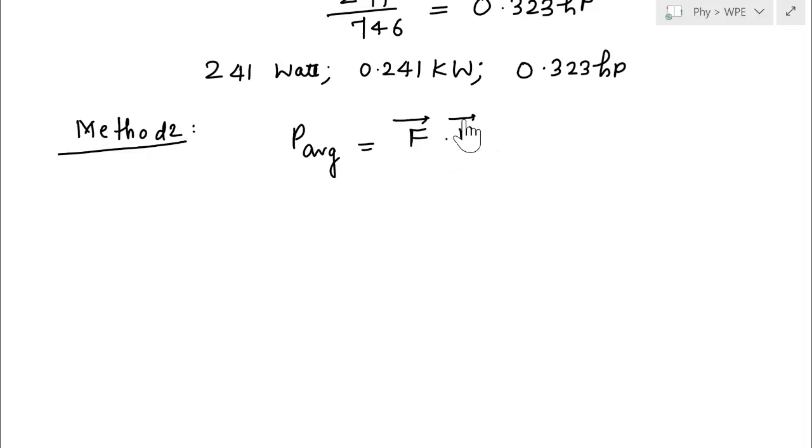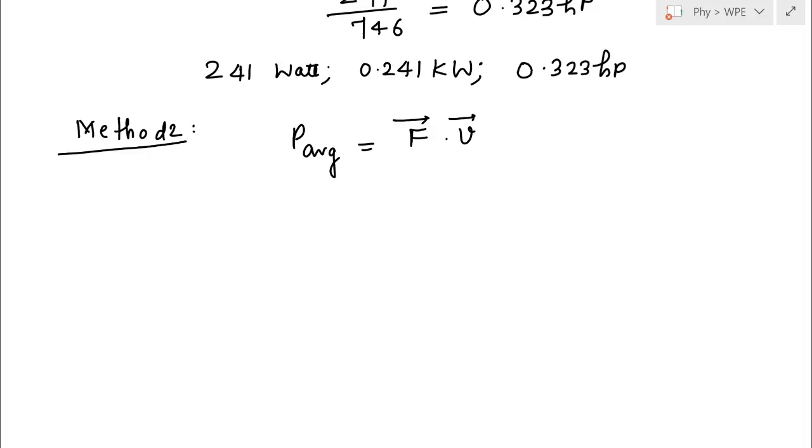Now in this case we have to take average velocity, because we are assuming this velocity is constant, and we have to take the average velocity. We know the average velocity in this problem, or in other words we can calculate it using height divided by time.